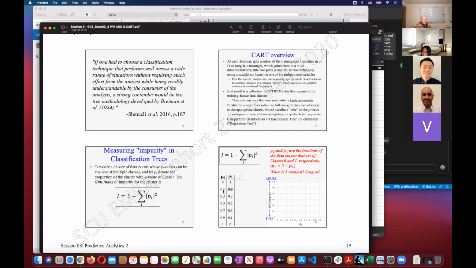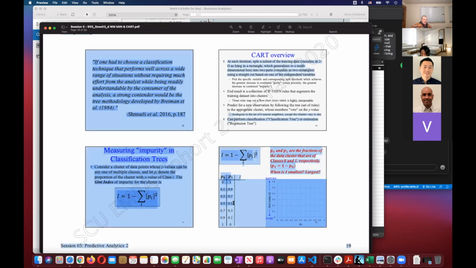So 1 minus 0.082 is 0.18. Yeah, 0.18. That's where I was missing. Then this is 1 minus 0.5 squared, which is 0.25, plus 0.25, so it's 0.5. So it should be 1 minus 0.5, which is 0.5, right? Yep. Okay.